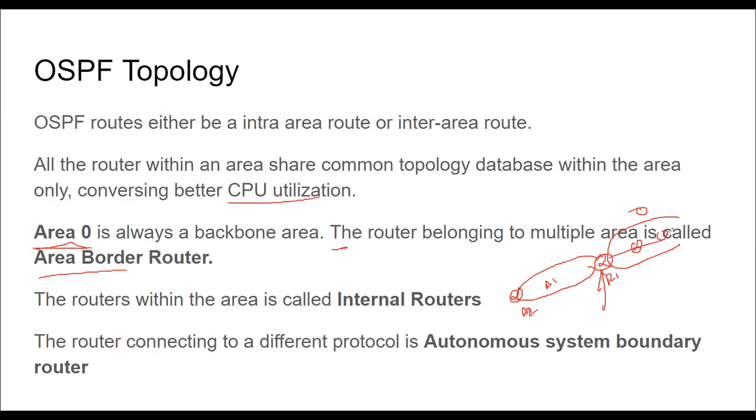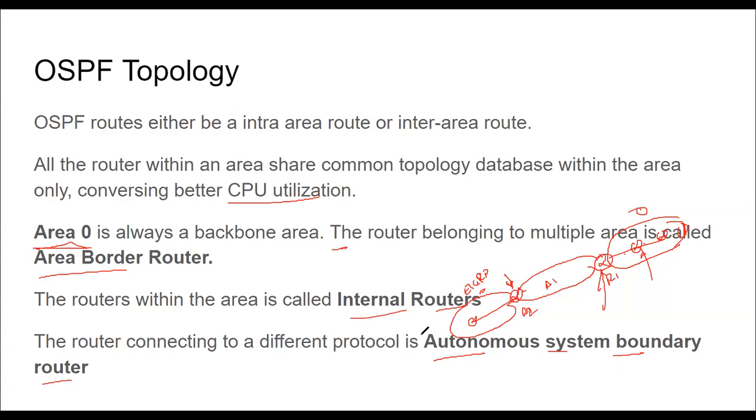Okay. This router, whose both interfaces belong to area 0, is called an internal router. If a router belongs to two different IGP protocols, here OSPF and here EIGRP, that's called an autonomous system boundary router.